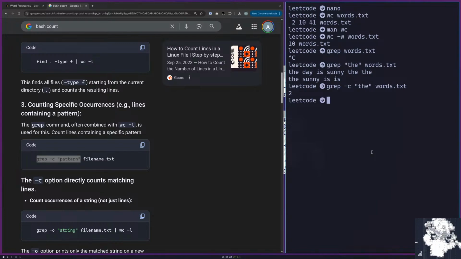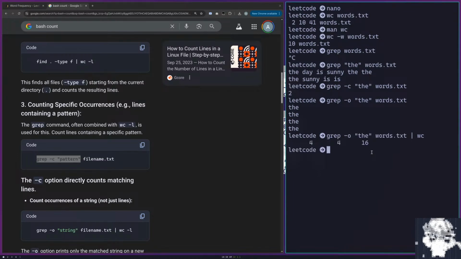If I do -c, it tells me how many lines. If I do -o, it'll tell me how many occurrences. And then, yeah, you pipe that into a word count to get the count of the word the.